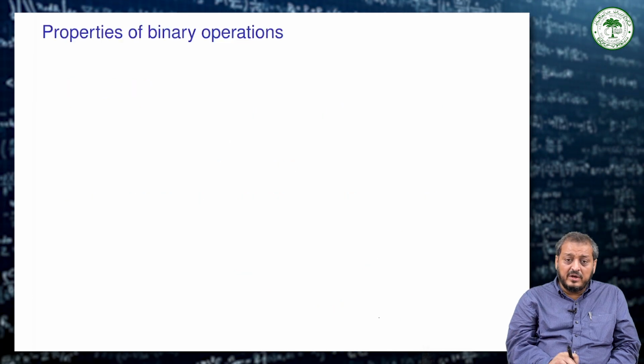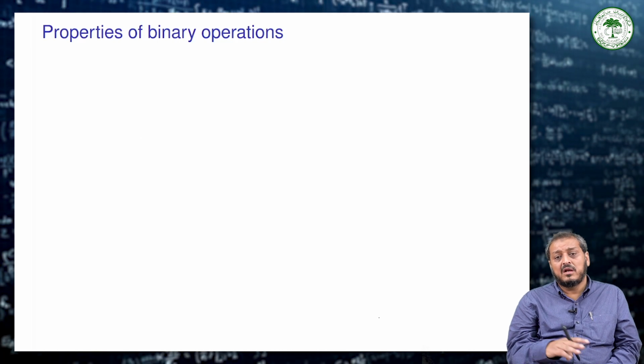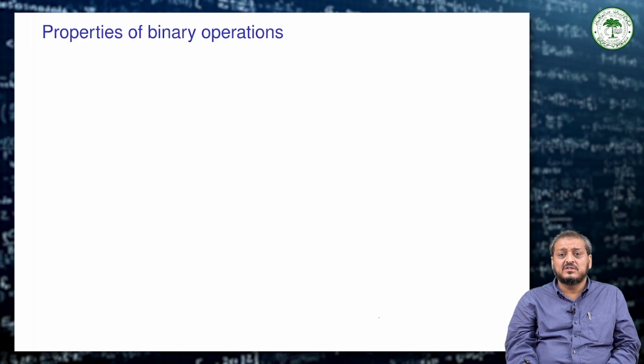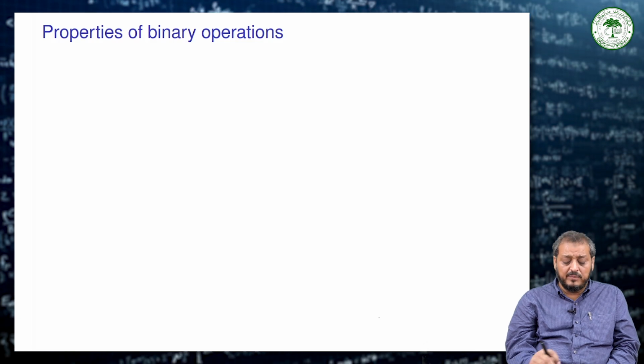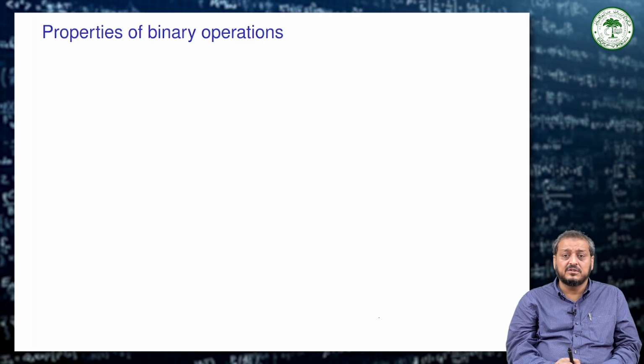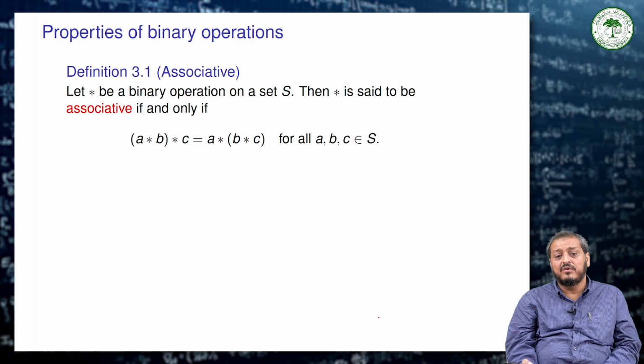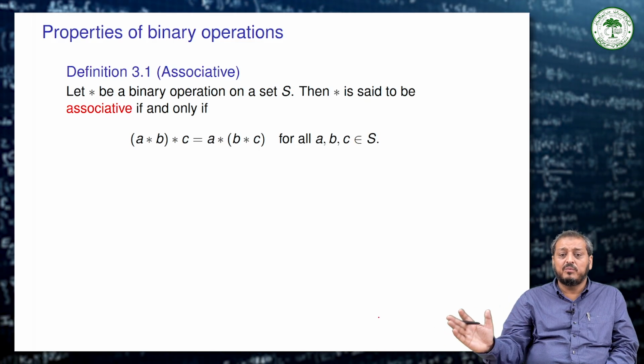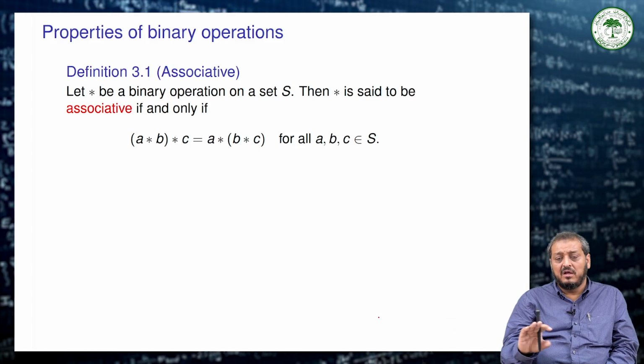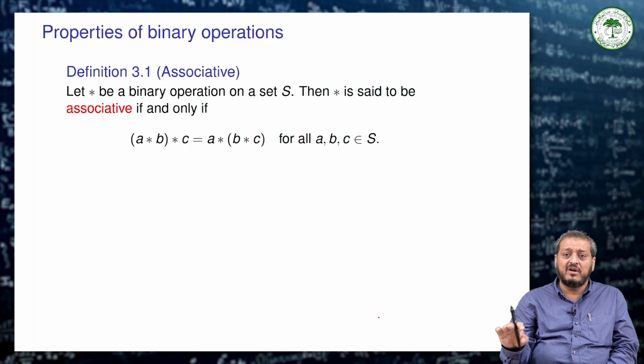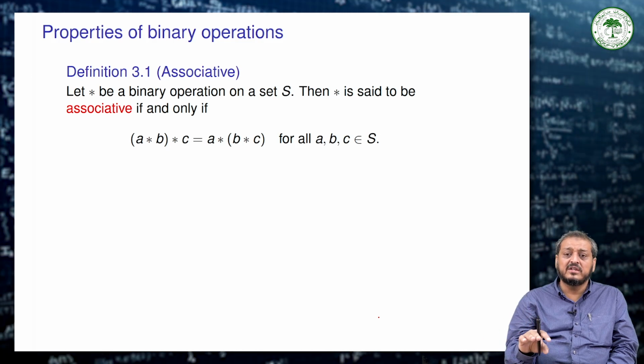So now let us move to some other properties of binary operations. You know that in the number system we start from the first property, associativity. Let star be a binary operation on a set S. This means it satisfies both the conditions of well-definedness and closure.